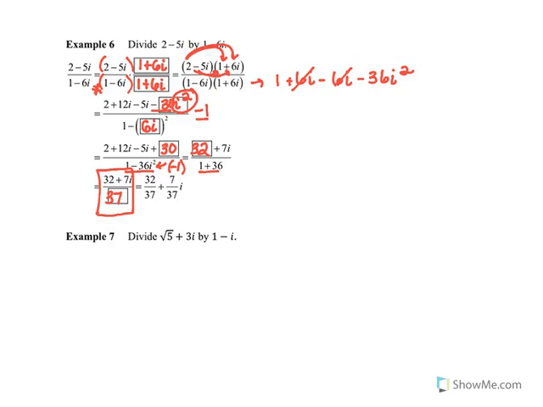Okay. Our final one, we want to divide the square root of 5 plus 3i divided by 1 minus i. So what we want to do is multiply by the denominator's conjugate, which is 1 plus i.